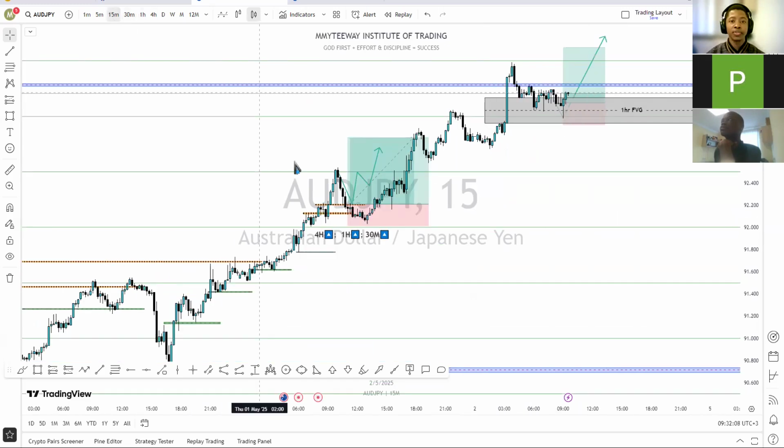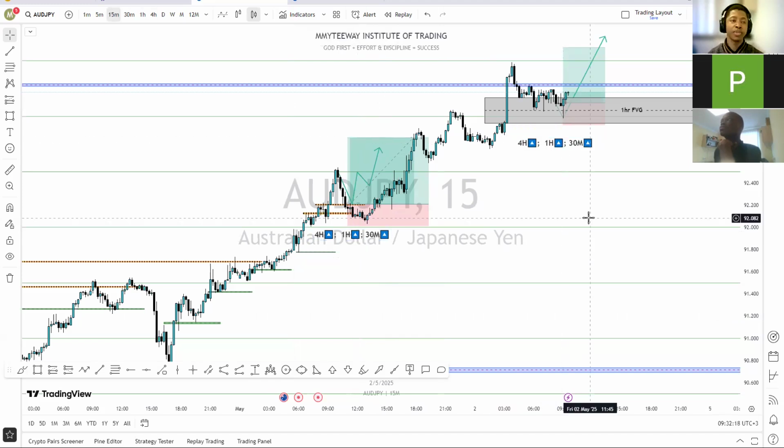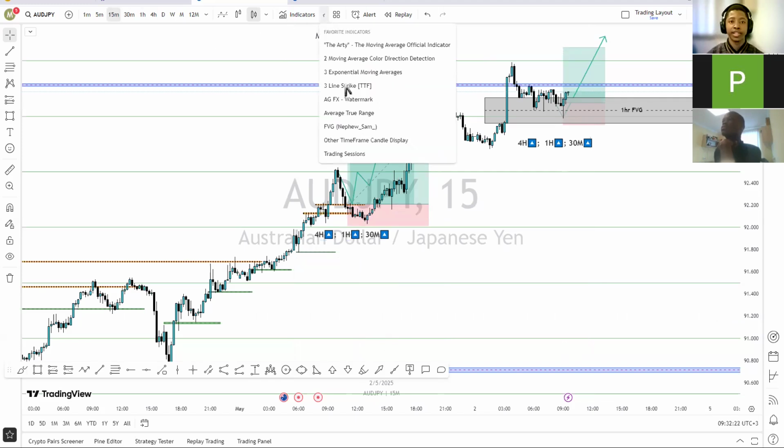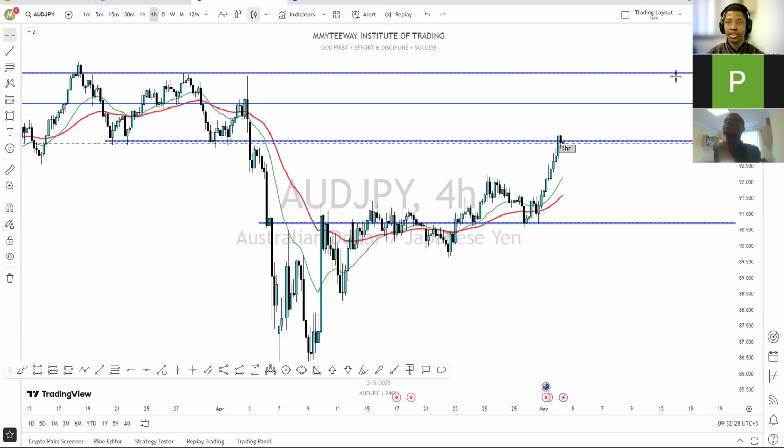First of all, I'm looking at trend. Do I have my trend? I do not even need to redraw these emojis to show you guys that in the 4 hour, 1 hour, and 30 minutes, there's an uptrend according to our exponential moving averages. There's an upward bias. To just show you guys, in the 4 hour, the red one is below the green one, which shows an uptrend.